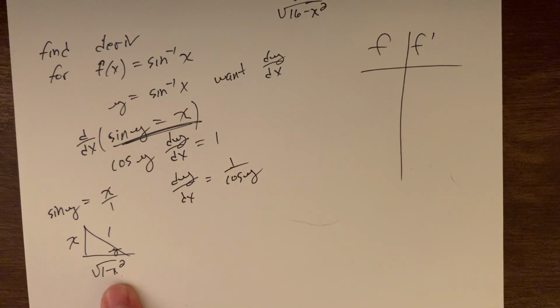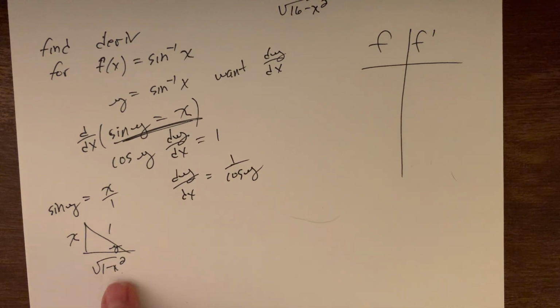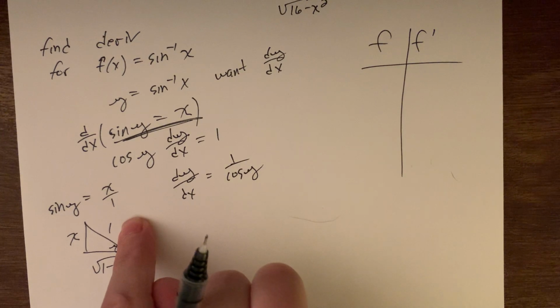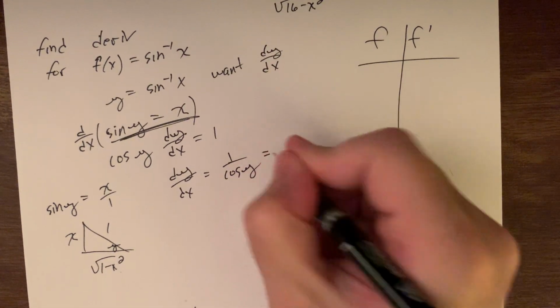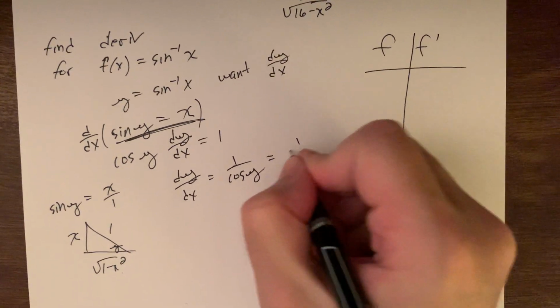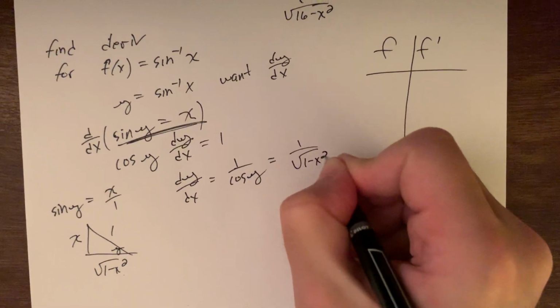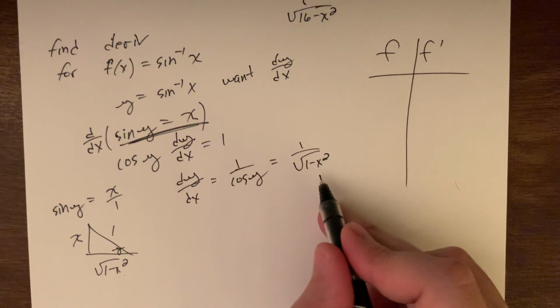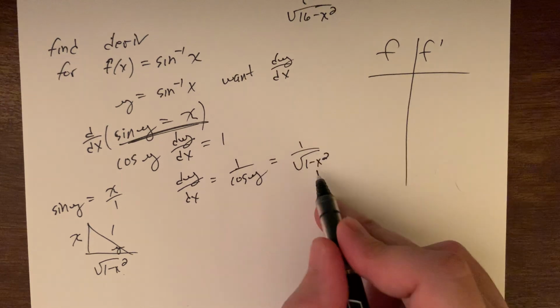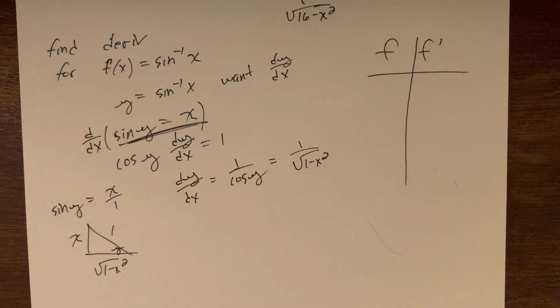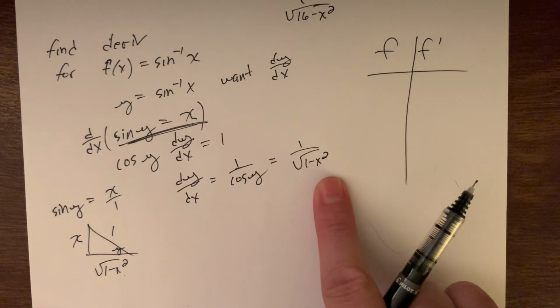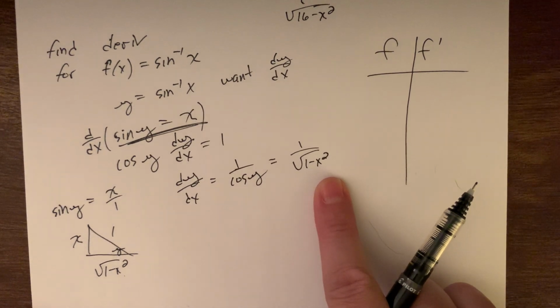And now what is cosine of angle y? Adjacent over hypotenuse. And this divided by 1 is just this radical. Notice cosine is in the denominator here. So that's how I get that radical in the denominator. I'm literally getting 1 over this, and the radical over 1 is just the radical. There are other ways I can make that last little conversion, but that's ultimately the point.